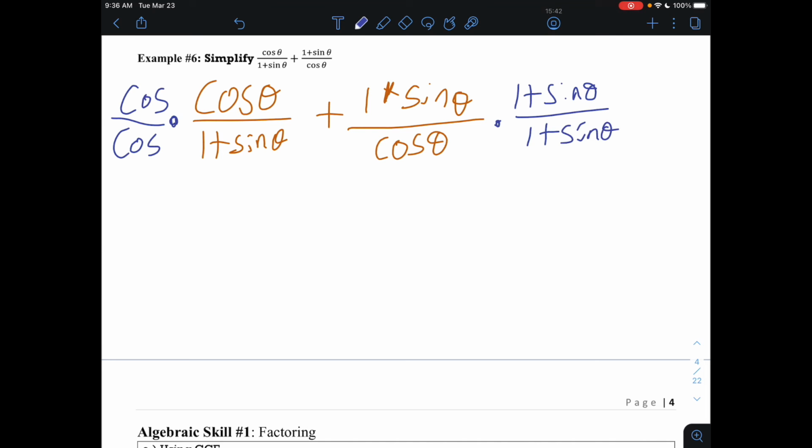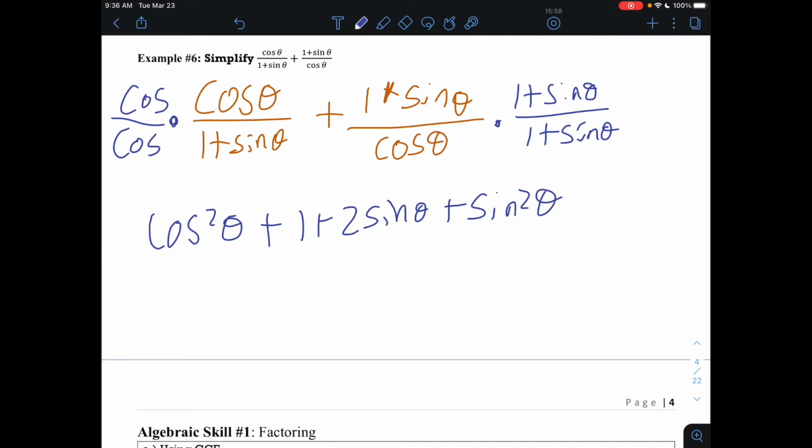So distributing out our numerator, we now have cosine squared of theta plus 1 plus 2 sine of theta plus sine squared of theta.